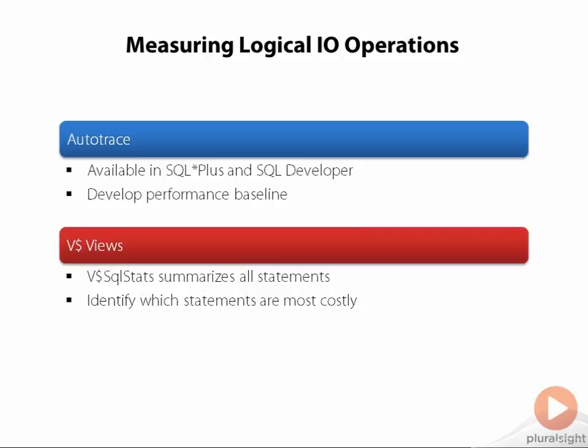We can also see other statistics like the average amount of CPU time used, the average elapsed time a statement took, and the number of times a statement has been executed. How to query this information out of the V$SQLSTATS view and other related views is covered in the module named Monitoring Oracle Applications. In either case, we'll be able to get a good read on how much data a statement is processing, and then target the correct statements for performance tuning based on this data.